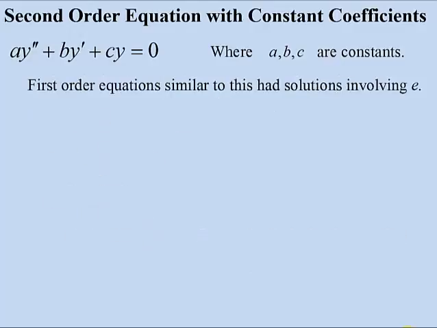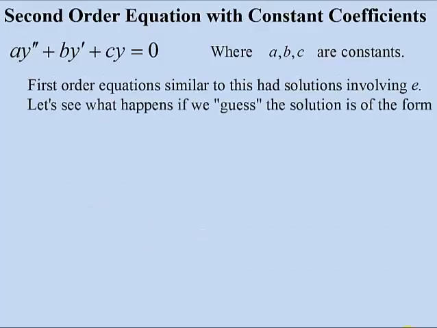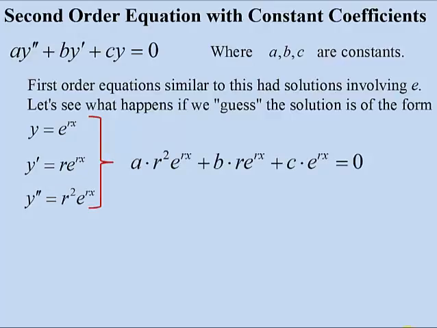So let's see what would happen if we just guessed a solution like y equals e to some number x, or something times x. And so let's do the derivative and the second derivative, plug all of those into the equation. Now since e to the rx is always going to be positive, we can divide that out.